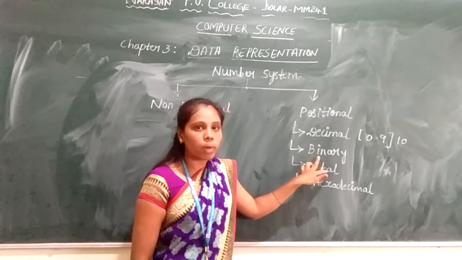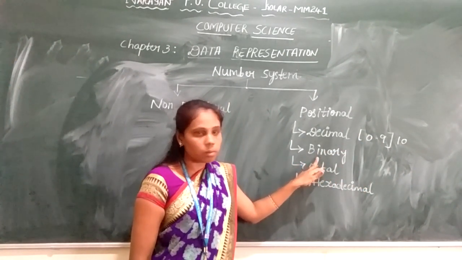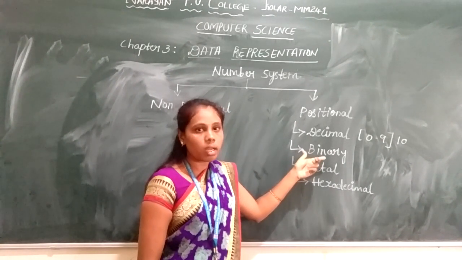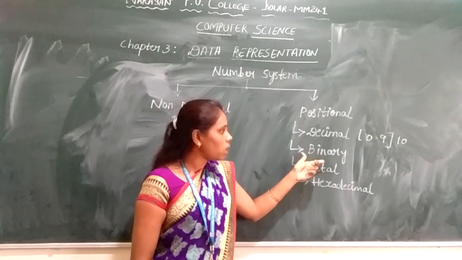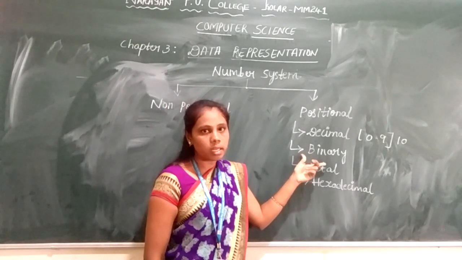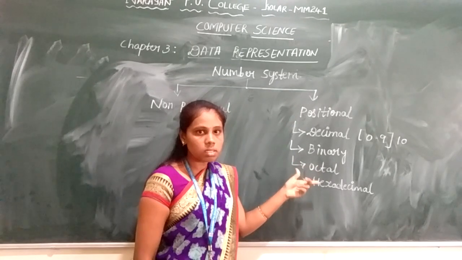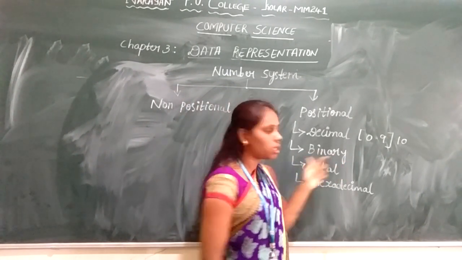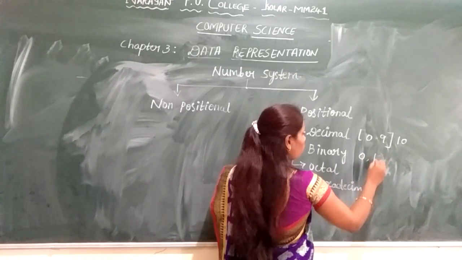Next we studied about binary number system. This binary number system is mainly used in the design of electronic devices. All electronic devices work on 2 voltage levels, that is high and low, that is zeros and ones. So in this binary number system, we use 2 digits, that is 0 and 1.